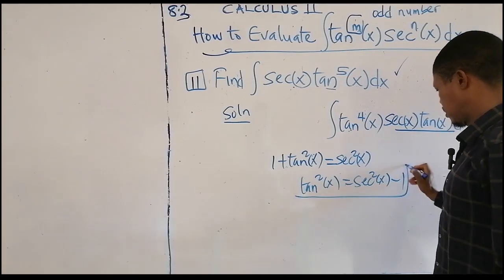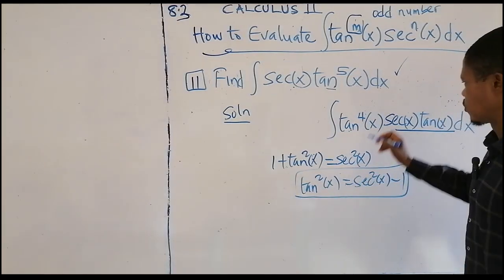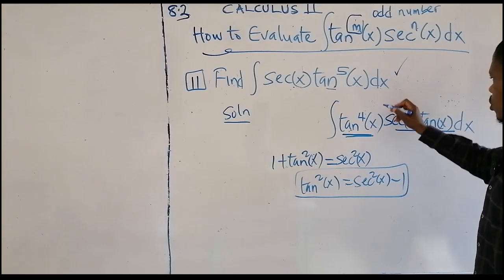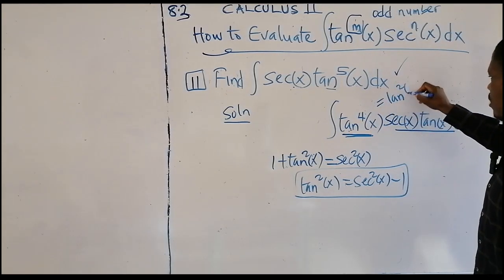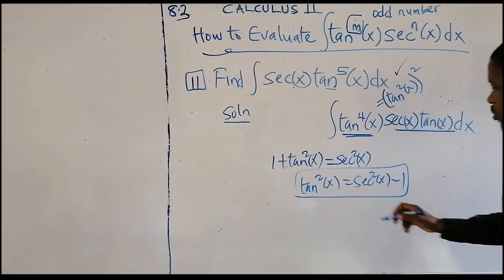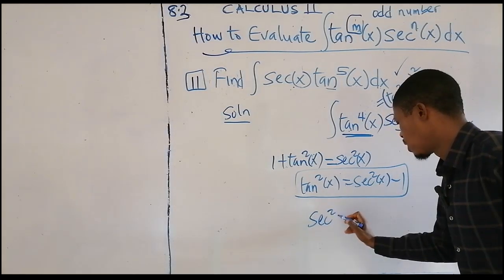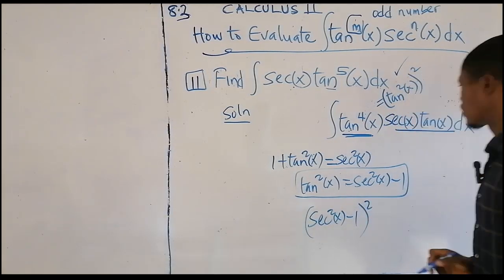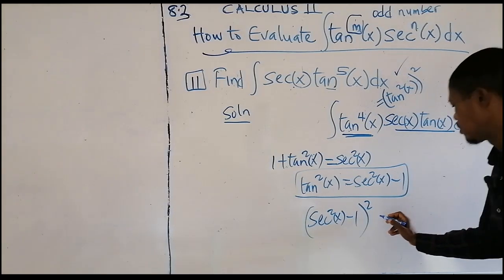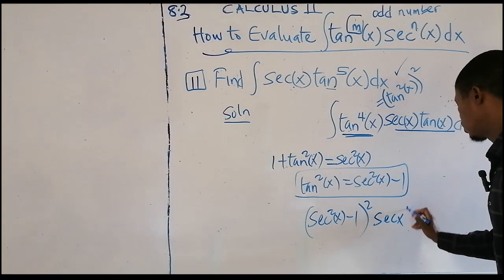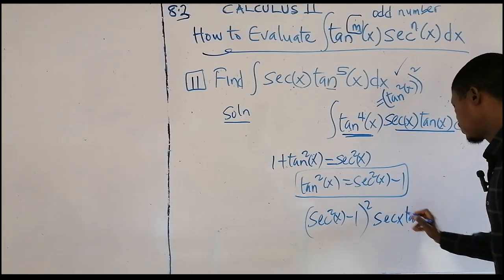We're going to use it here. This particular one will be tan square x squared, so we now have sec square x minus 1, all to the power 2, and then sec x tan x.